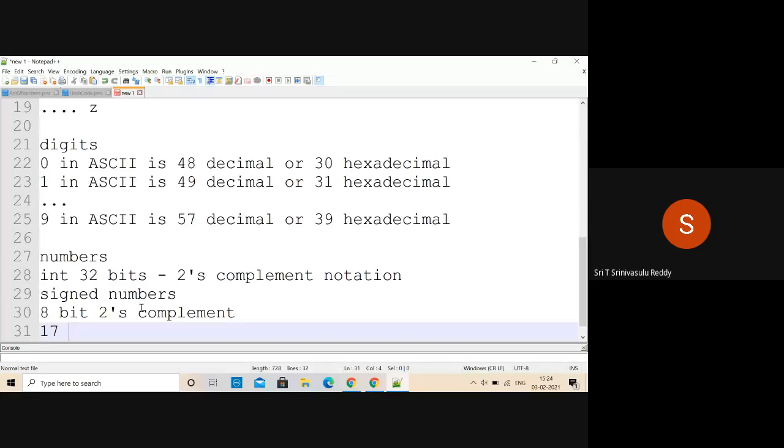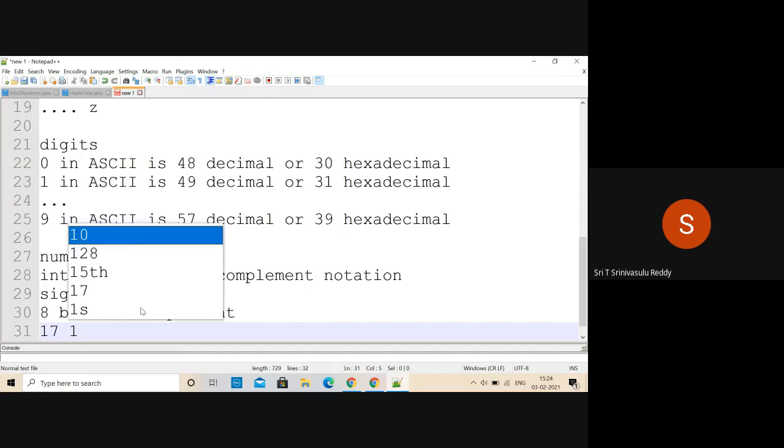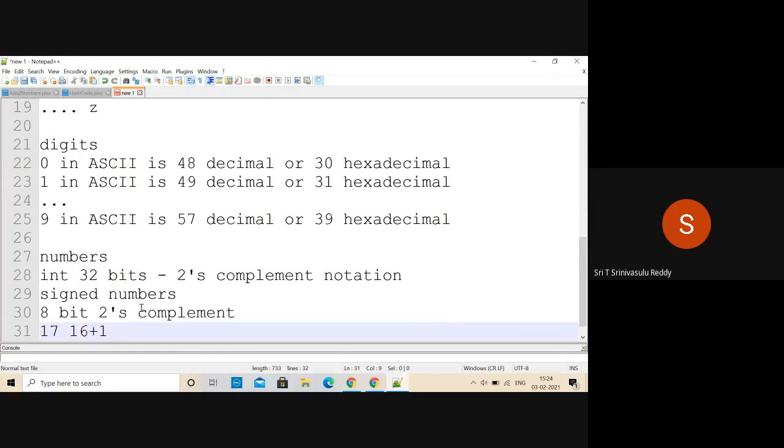That means there should be a 1 in the 16 weight, and a 1 in the 1 weight. So there will be a 1 followed by a 0, and so on: 16, 8, 4, 2, 1.